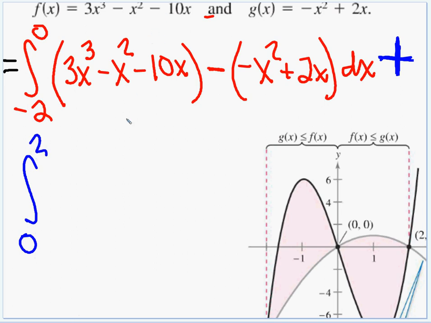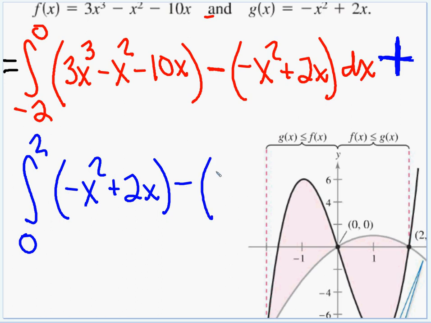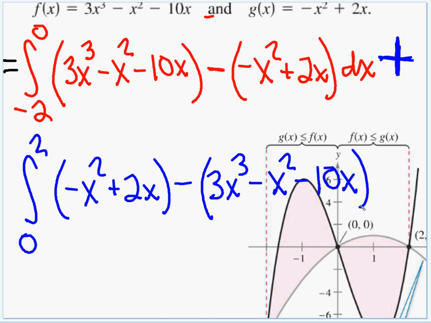And now I'm just going to take these functions and flip them, because the top and the bottom have switched. So now first goes the negative x squared plus 2x, and then we're going to minus the cubic, 3x cubed minus x squared minus 10x. And that gets its own dx.